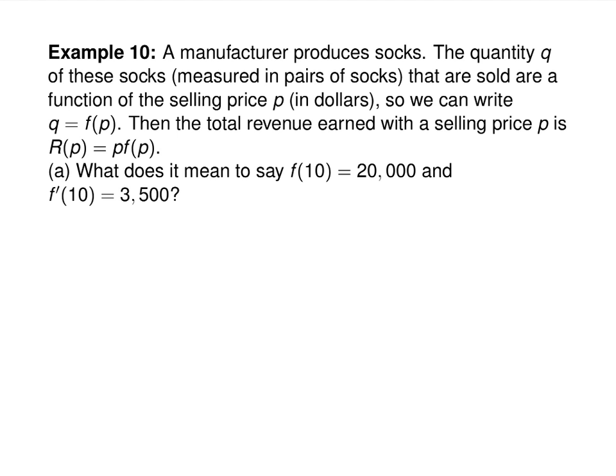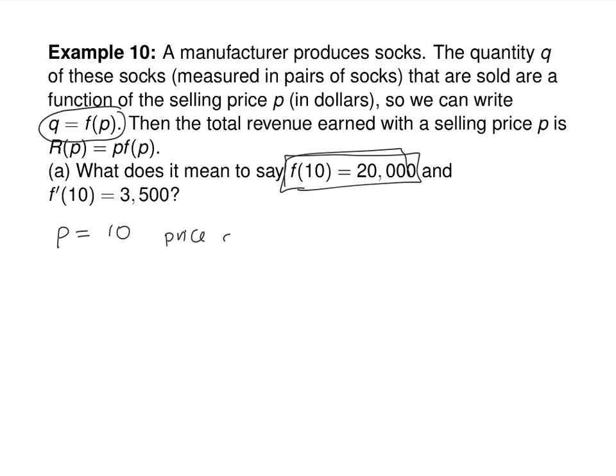So this thing is Q equals f of P. Q being quantity, P is price. Okay, so what does it mean to say f of 10 is 20,000? So this is the regular function. So that means P equals 10. So what does that mean about your socks?